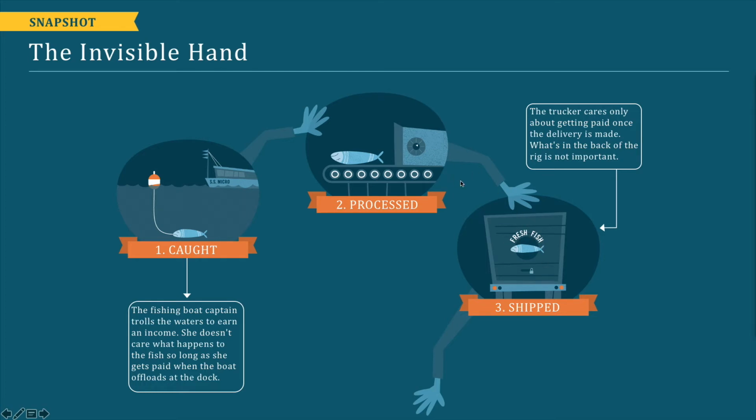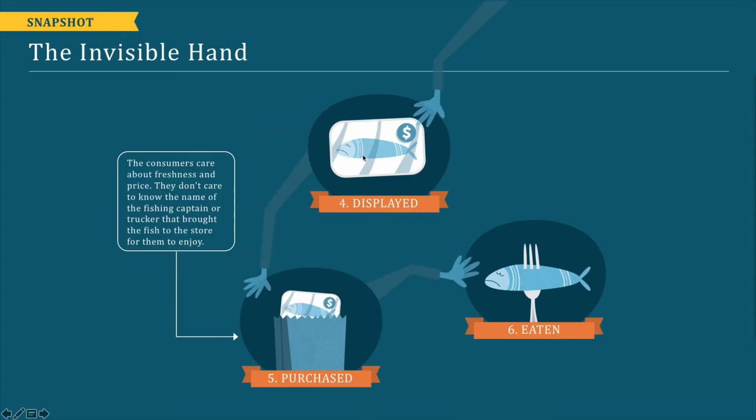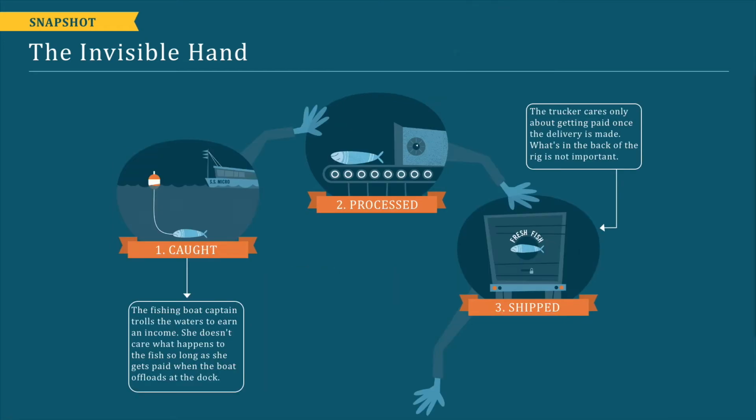There's a connection again. Then this logistics firm delivers the fish to the supermarket, the supermarket displays the fish, and finally we purchase the fish and eat it. So all of these separate markets are linked together, and between these linkages there is an agreed price and an agreed quantity.